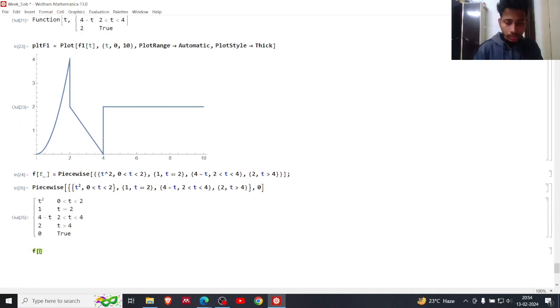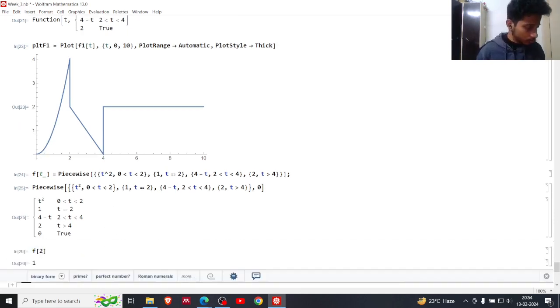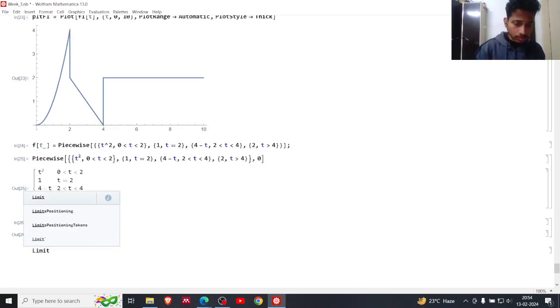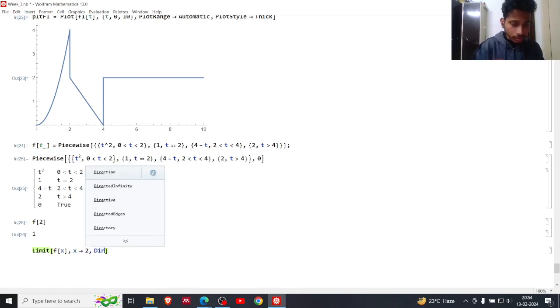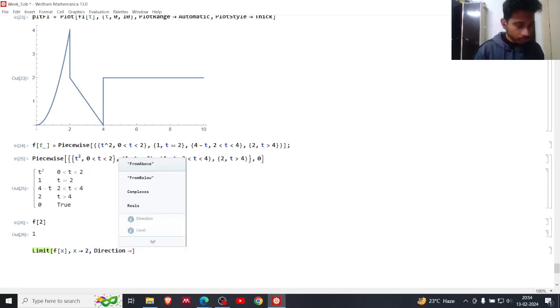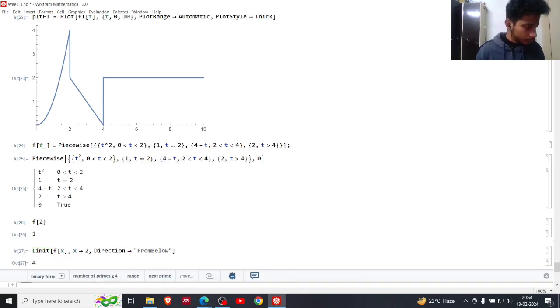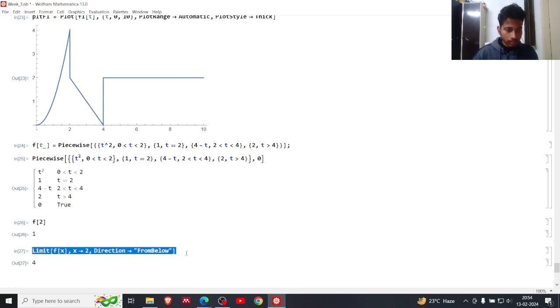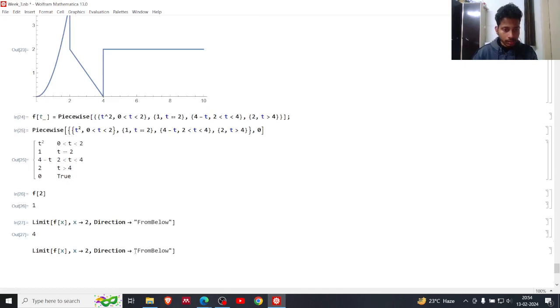Now we calculate f2 and so on. Now we can calculate the limit of it. Limit of f of x as x tends to 2 from below. This is one way, and another way is to write it like that, and then the direction is this one.